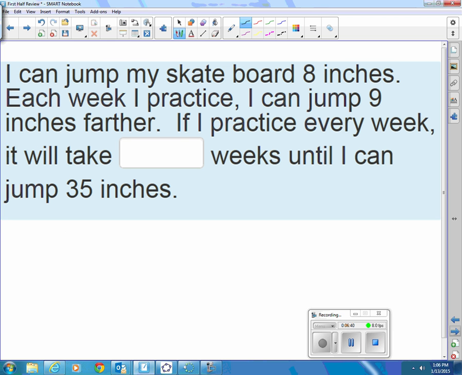I can jump my skateboard 8 inches each week I practice. Each week I practice, I can jump 9 inches farther. If I practice every week, it will take how many weeks until I can jump 35 inches? So my jump is equal to how far I can jump now plus 9 inches for every week. And I want to obtain a jump of 35.